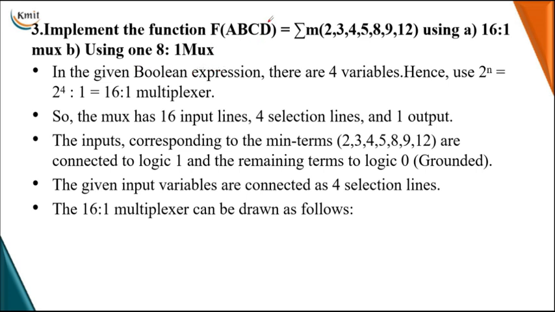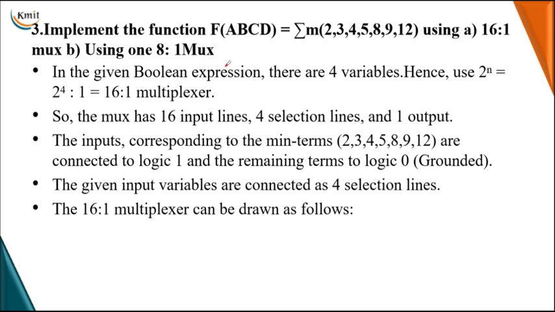So the number of inputs are 4, whereas in a 16 by 1 multiplexer, the number of inputs on your multiplexer is 16, but in order to transfer those 16 inputs through your single output terminal, we require 4 selection inputs, and those 4 selection inputs are being connected to the data inputs of your function, which are A, B, C, D.